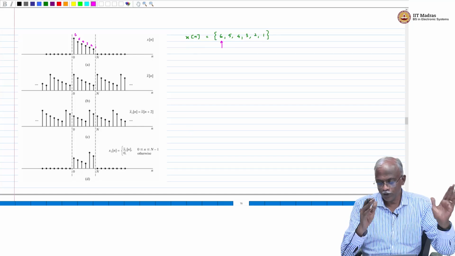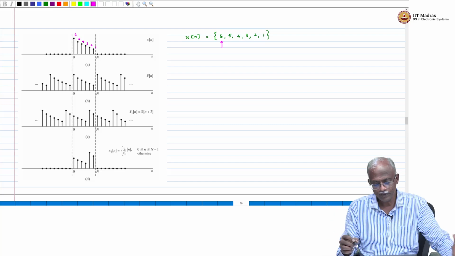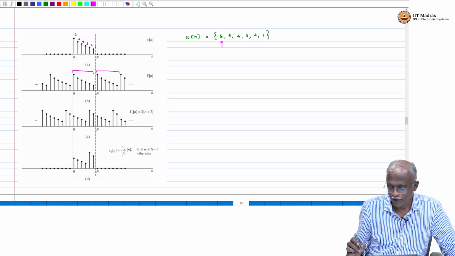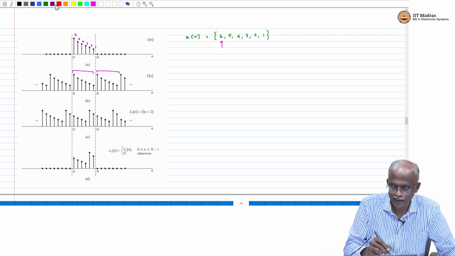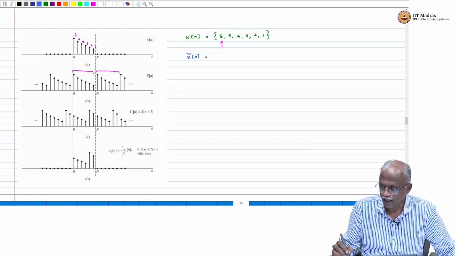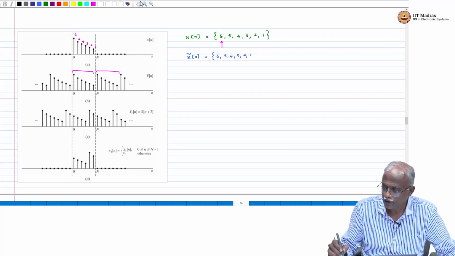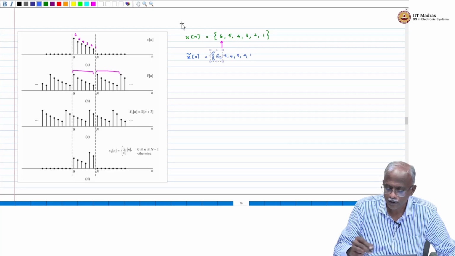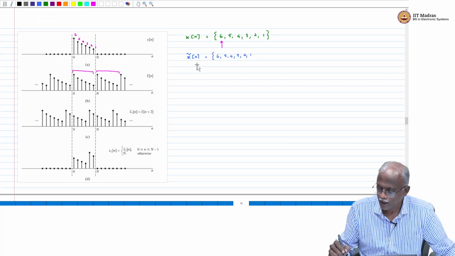Now, if I want to look at x tilde of n, notice the same set of 6 samples will get repeated. So let's write down x tilde of n. X tilde of n is 6, 5, 4, 3, 2, 1. I'm going to create a little bit of space.